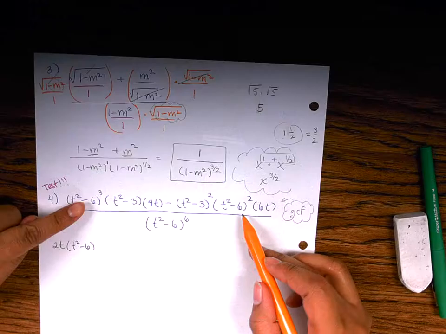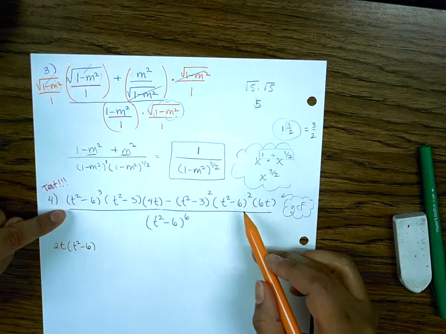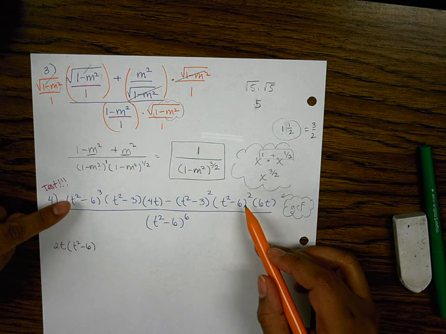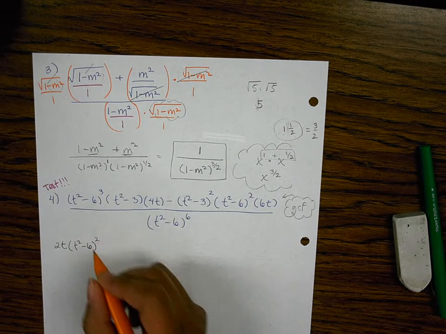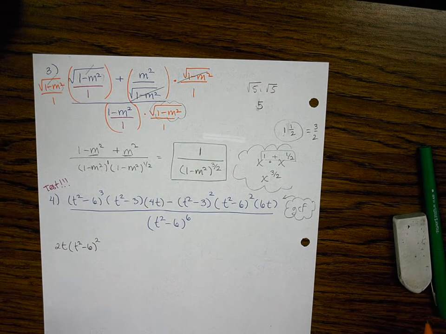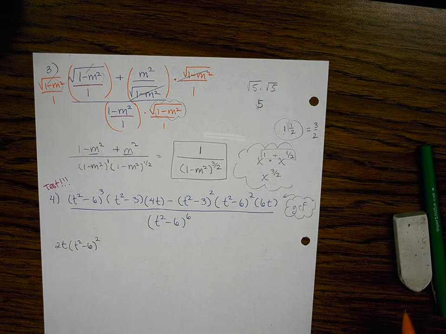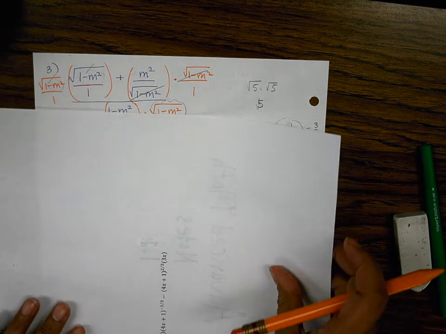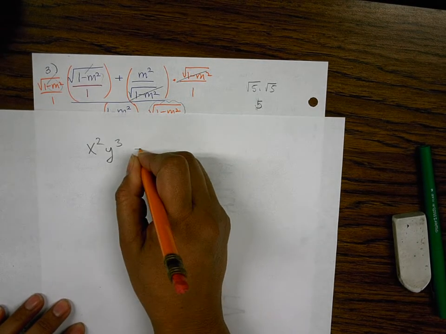Okay, t squared minus 6, and you're looking to see which one has the smaller exponent. That's this one here. So t squared minus 6 squared. Thinking if you were doing just a regular GCF problem, I'm going to show you really quick.